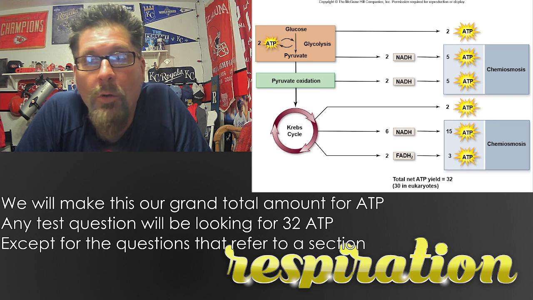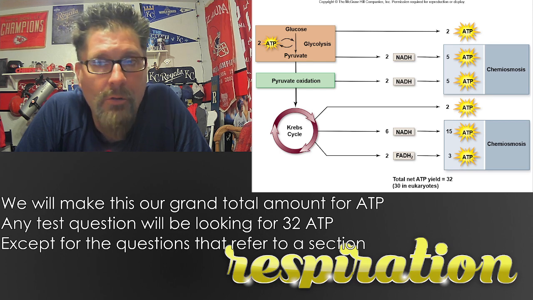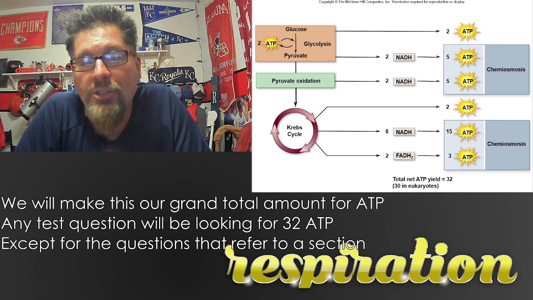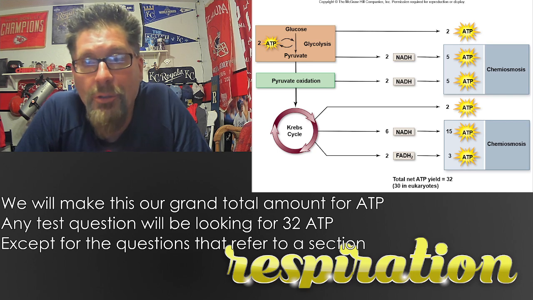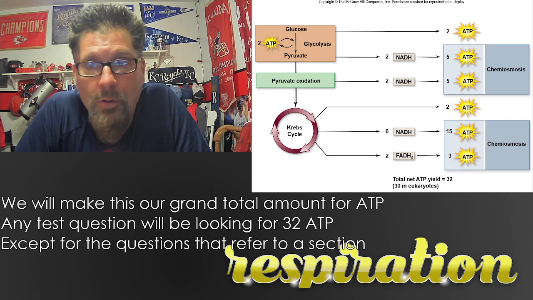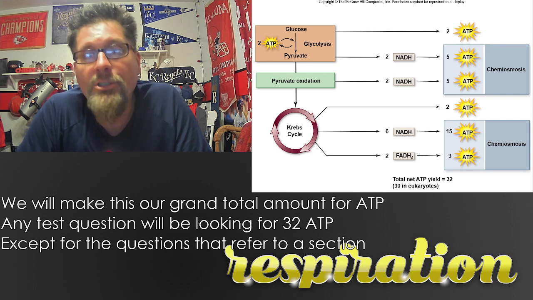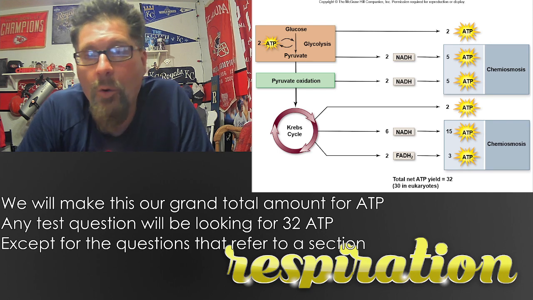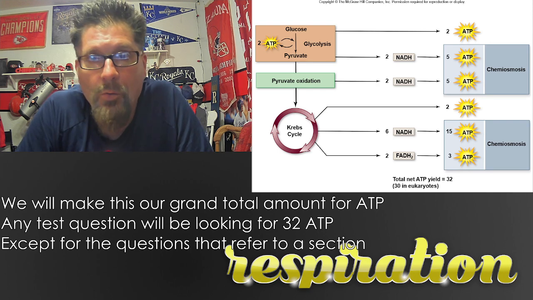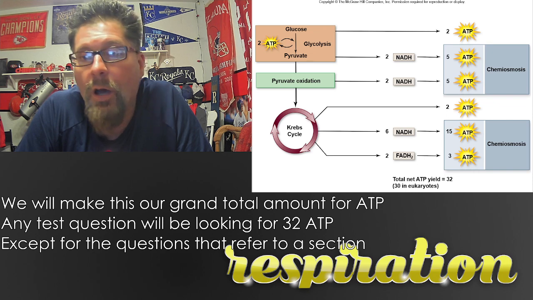So what we'll establish, since we just identified the fact that book to book, website to website, the number can be a little different, that we will set the number as 32, okay, for our grand net total of ATP. So if there's any test question and it's asking for that net total, 32 is the number that we'll just agree on, that we'll look for in a test.